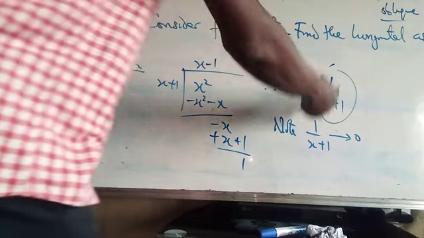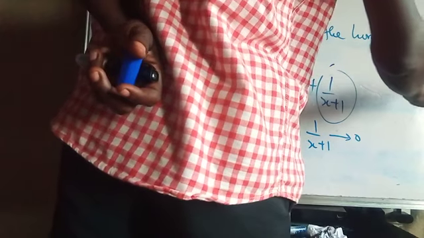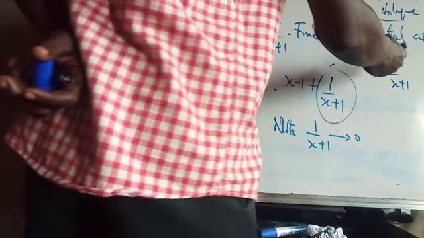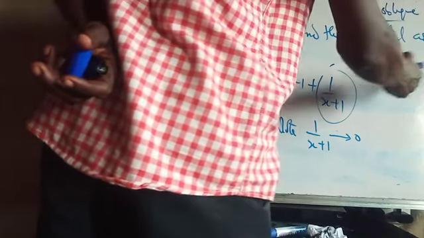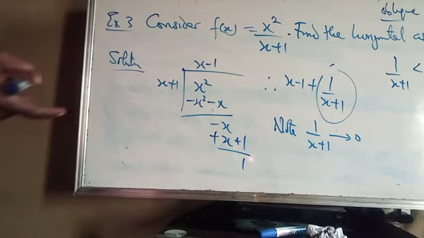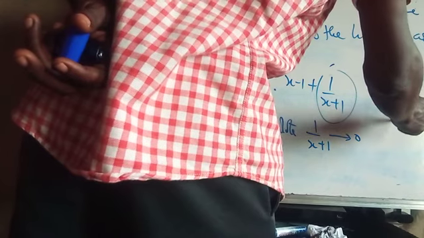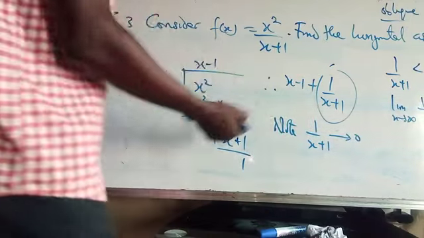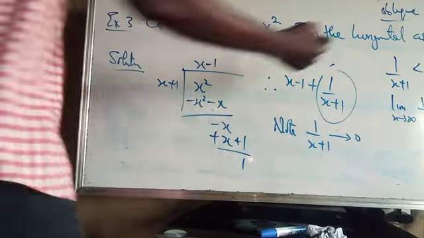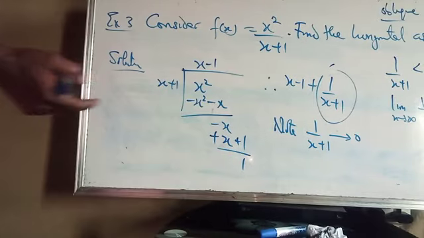You are asking me why. 1 over x plus 1, if you take x tends to infinity, this is less than 1 over x. 1 over x plus 1 is less than 1 over x. Do you agree with me? Okay, so if I say let x tend to infinity of 1 over x, that's 1 over infinity, which is 0. You know that. So the whole of this is 0, because 1 over x plus 1 is bounded by 1 over x.